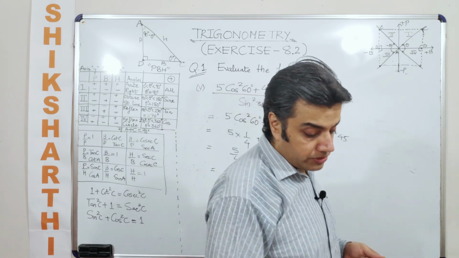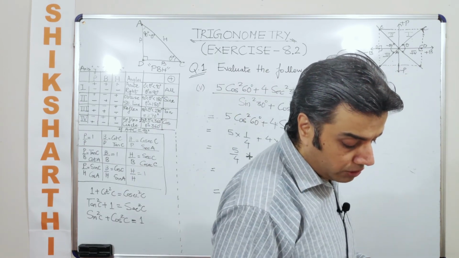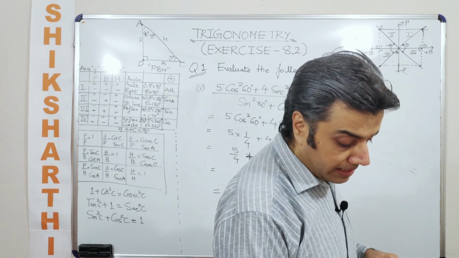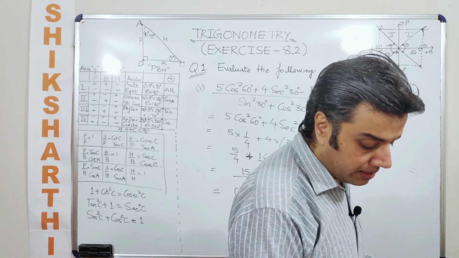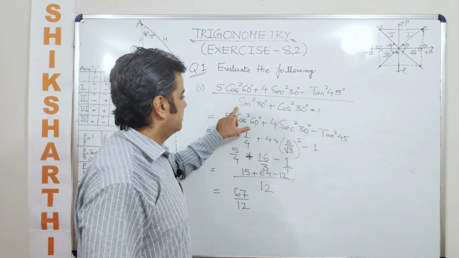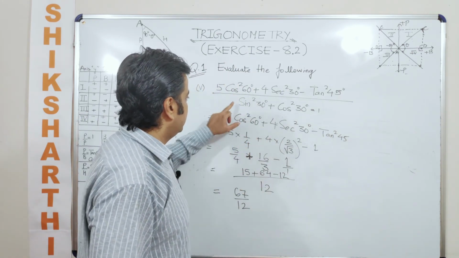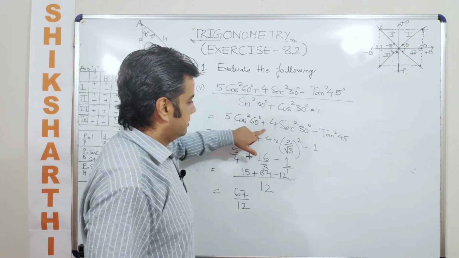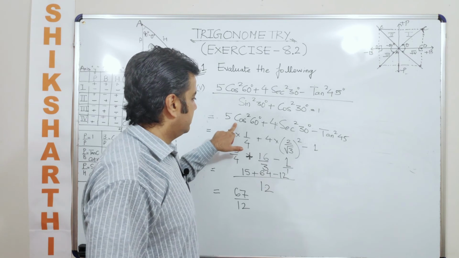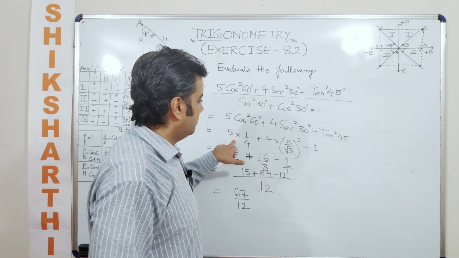Okay, let me check the question once again. It says 5 cos square 60 plus 4 sec square 30 minus tan square 45 divided by sin square 30 plus cos square 30. And let me check finally, have we done it correctly? This is correct because we have just used this identity. After that, we were just supposed to write it like this. Then we substituted the values. Cos 60 is 1 by 2, 1 by 2 whole square is 1 by 4.